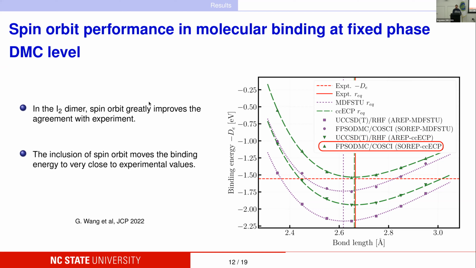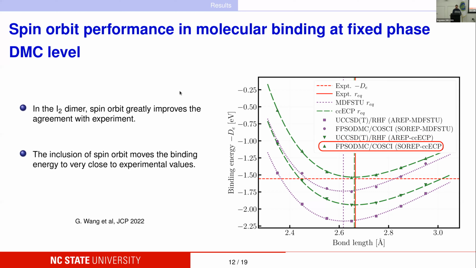So the spin orbit calculation for the CCECP, the right side up triangle, you can see lies very close to this dashed red line that's horizontal across the screen. That is the binding energy experimentally determined. And then the vertical red line is going to be the bond length from experiment as well.